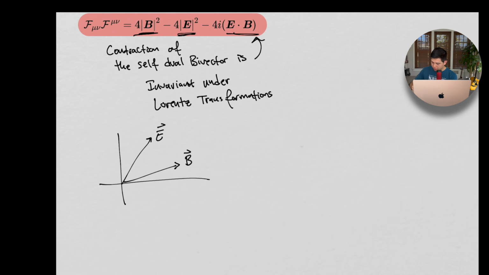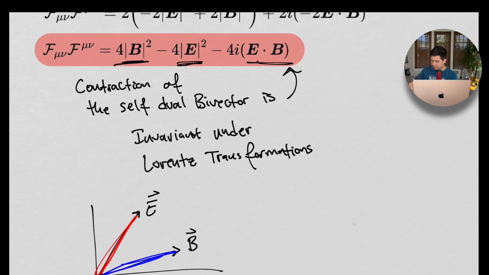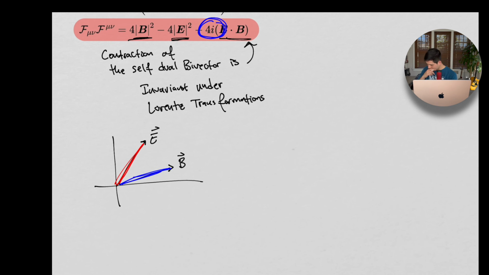The magnitude again is the length of the vectors, right? So that's the magnitude, and then you take the dot product, and then you can combine those. The dot product becomes the imaginary part of this invariant object. Okay.